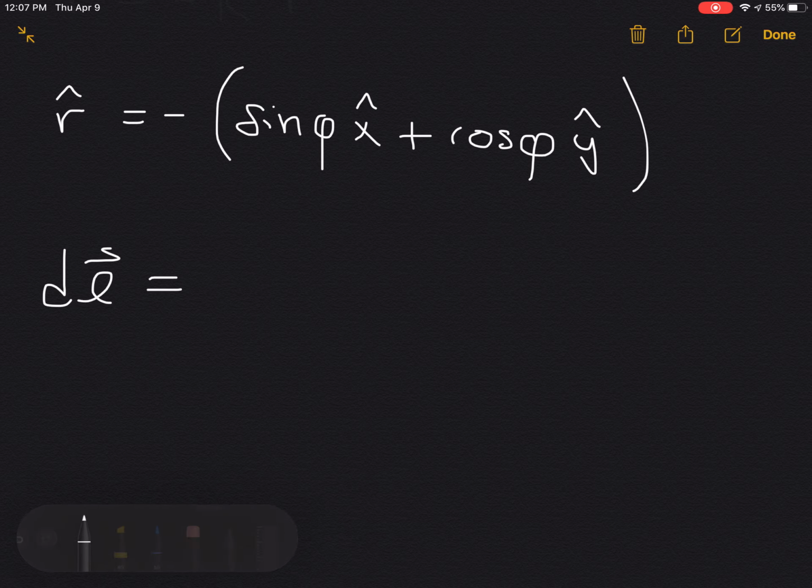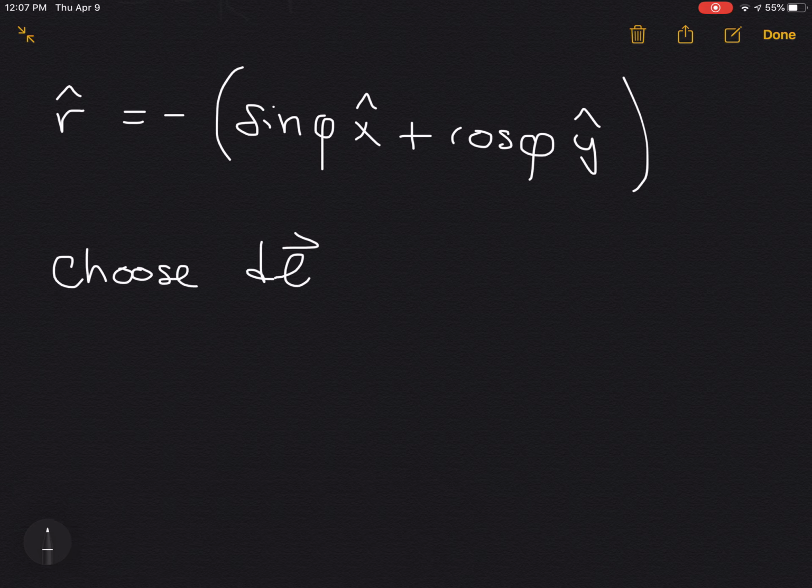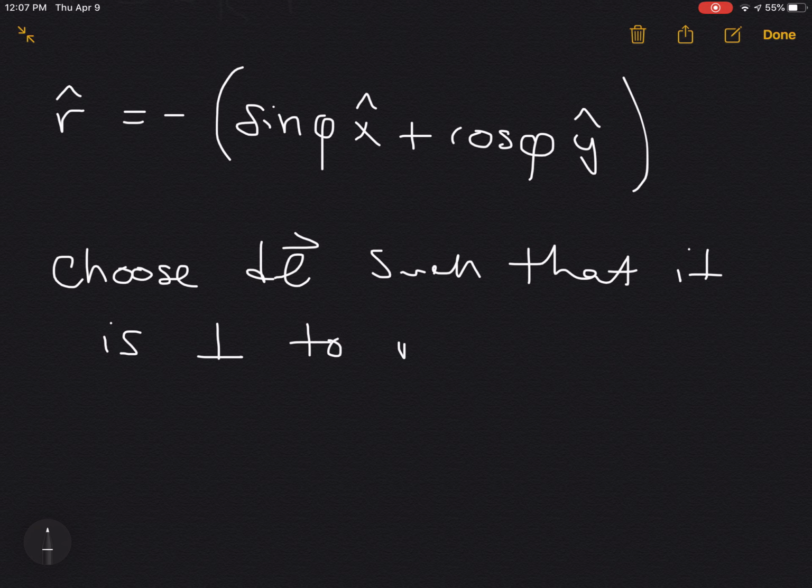We want to choose dl such that it is perpendicular to r hat, because we know that it should be. But just looking at r hat, it's not necessarily obvious what is going to be the vector that points perpendicular to this.